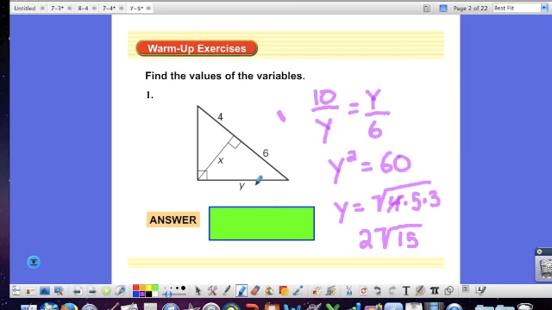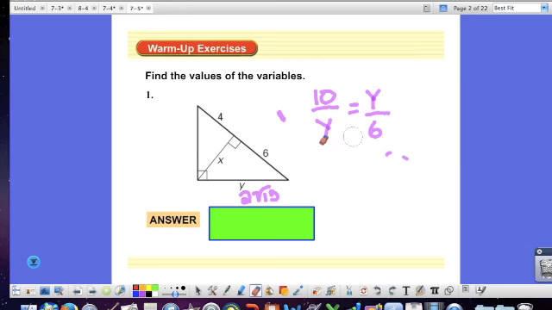If this is 6 and y is 2 radical 15, I don't know if this is a 30-60-90, or a 45-45. I know it's not a 45-45.